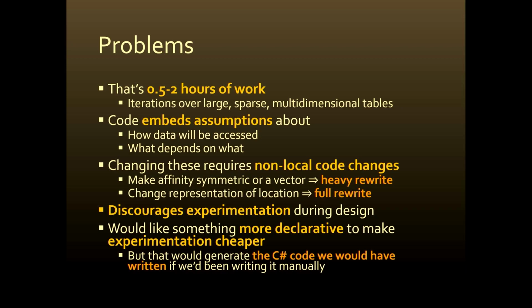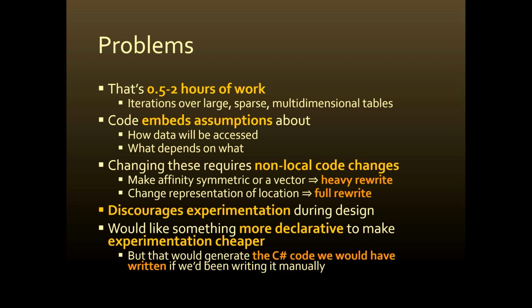The problem with that is it easily took Sam and I an hour to write, and it embeds all kinds of assumptions about what's the data, how are you going to access it, what do you want to do a lot, what don't you want to do a lot. And so if you want to change things about the nature of the affinities, your representation of space, things like that, you're likely to have to do quite a heavy rewrite.